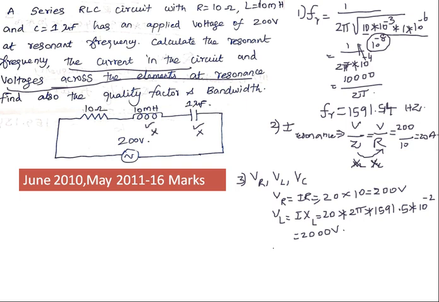Next, the capacitor voltage VC is equal to I into XC. What is the value of XC? XC is 1 by 2 pi FC.